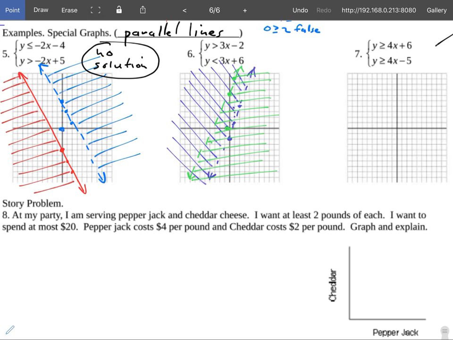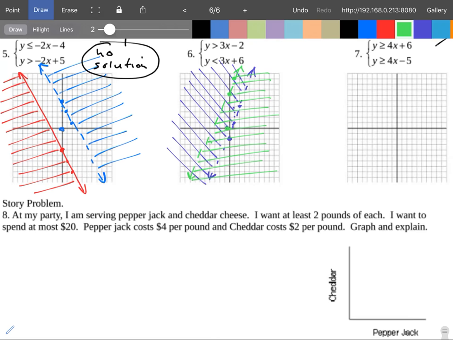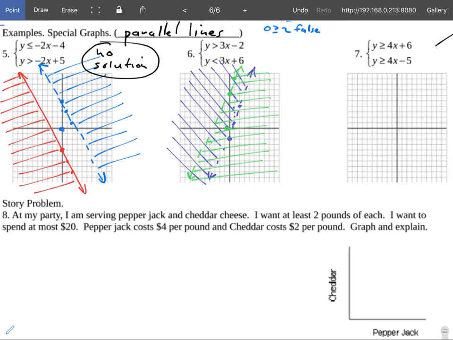All right, let's do number 7. So number 7, let's do the first one in blue. So the top line, the y-intercept is 6 and the slope is up 4 over 1.